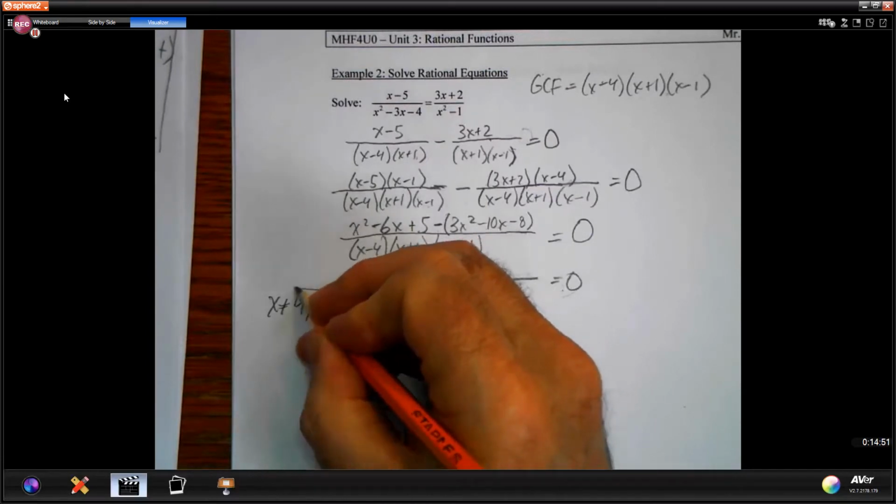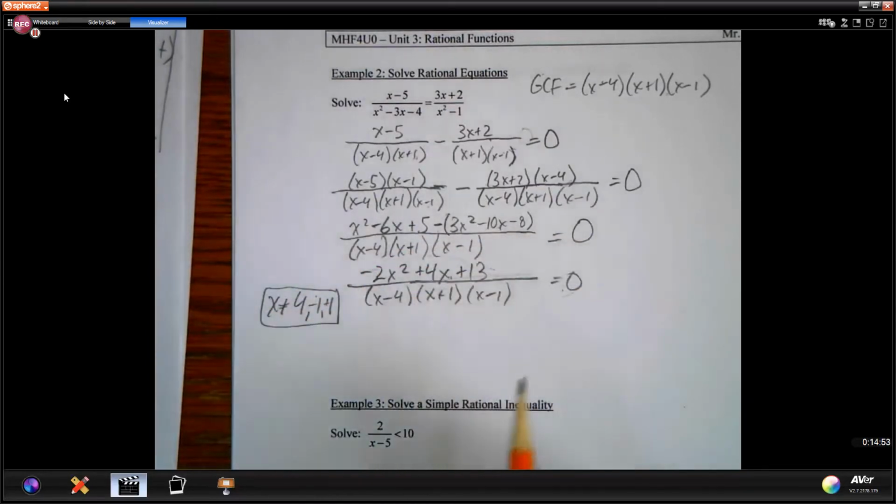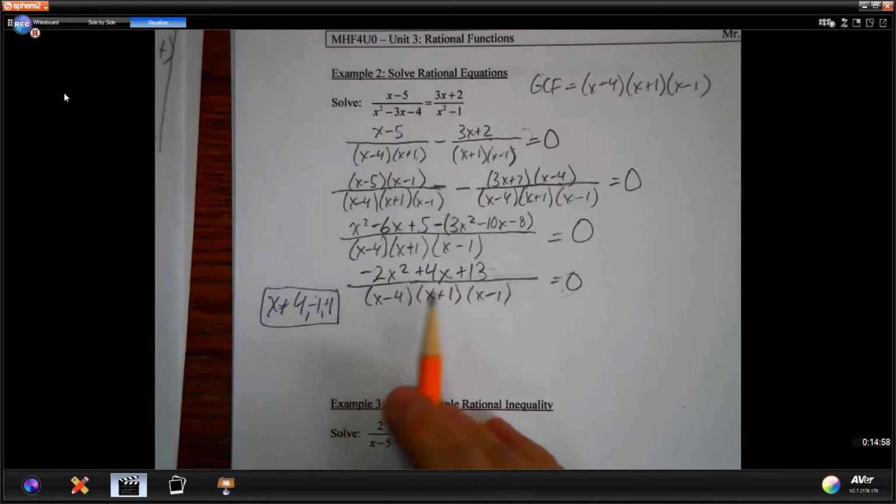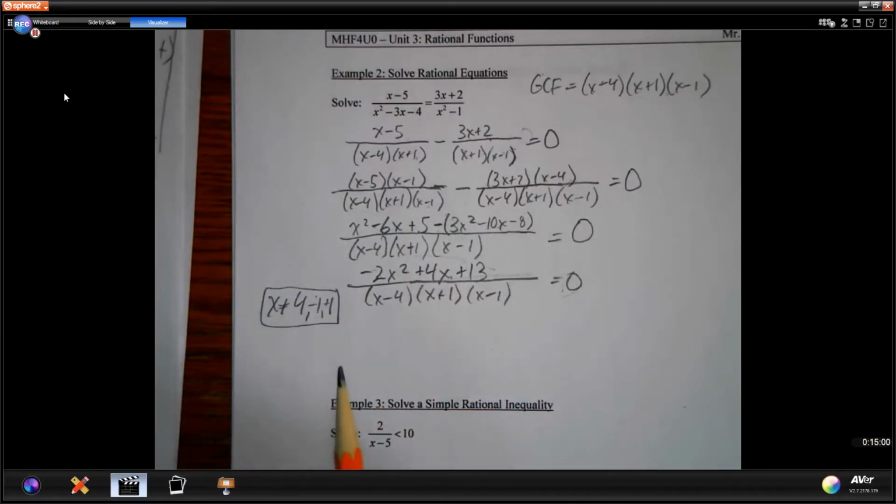Okay, and the reason for that is the same. I may get an answer on the top that's one of these, and that can't happen. So I'm just keeping track of values that'll cause this function to be undefined, or this equation to be undefined.